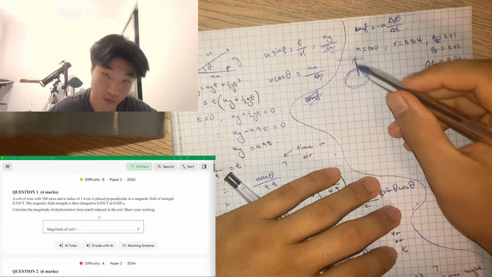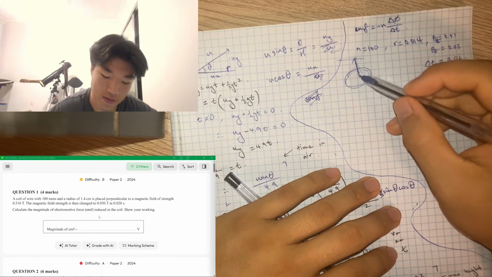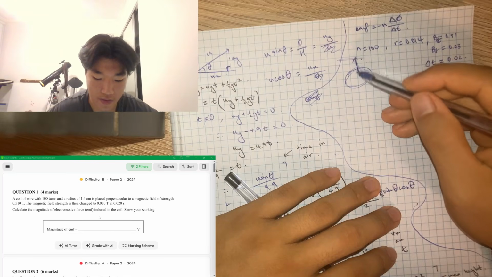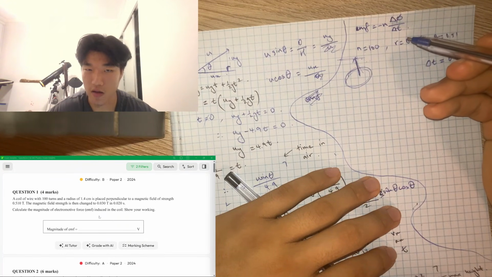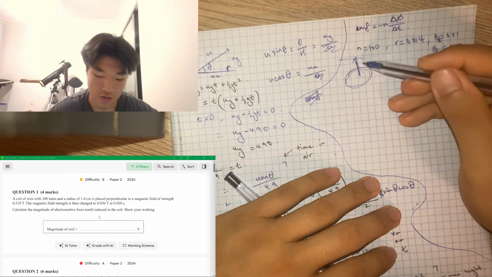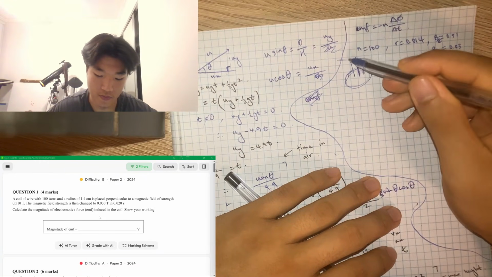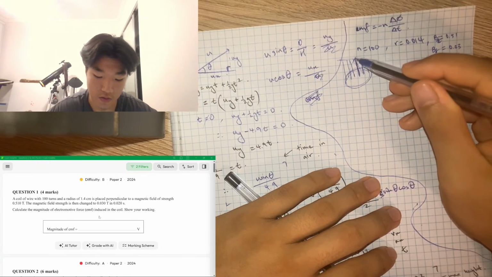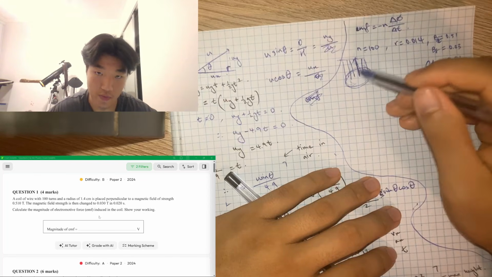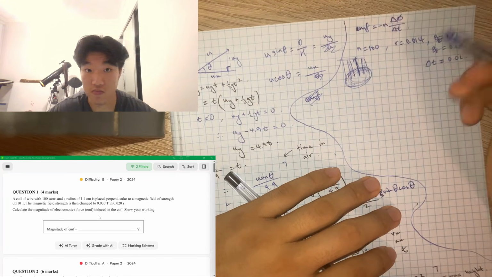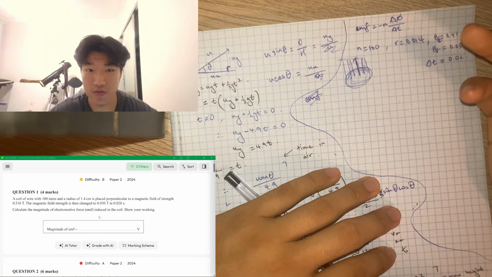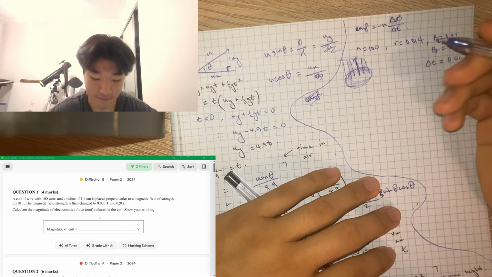The normal of the loop of wire is this, and it's the angle that this makes with the magnetic field, I think. So since the normal to the loop is parallel, this is 0 degrees, which cosine of 0 is 1.